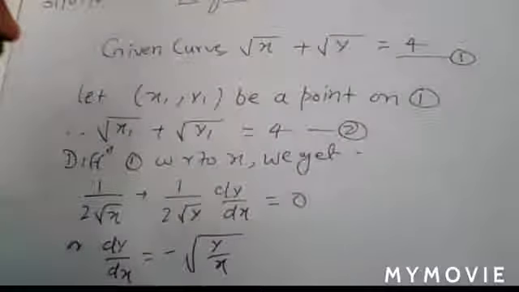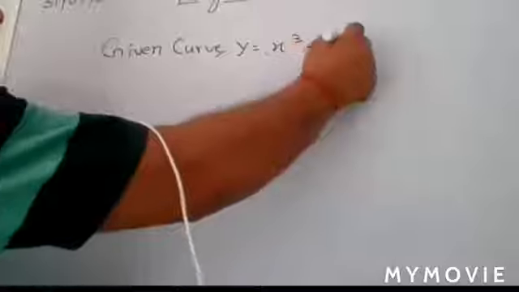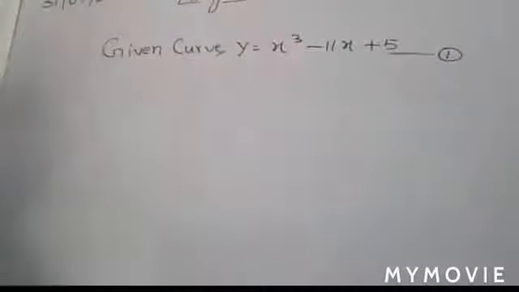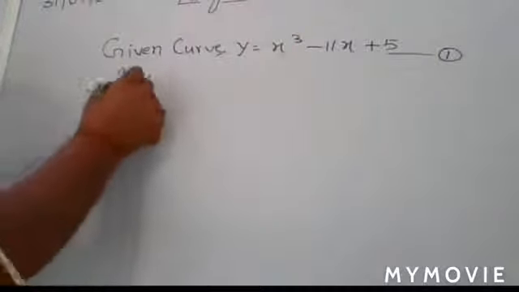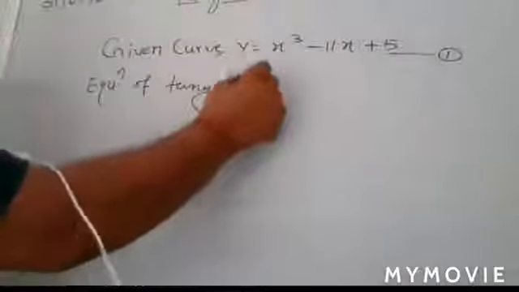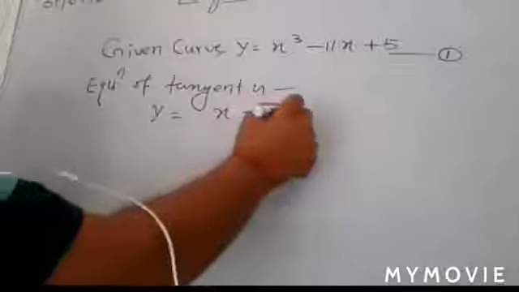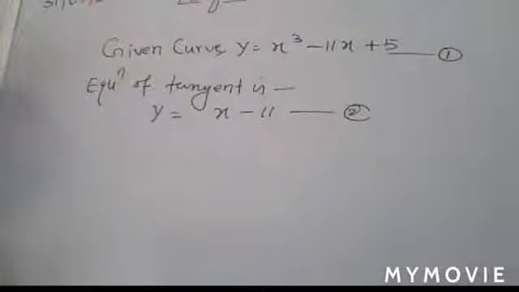Find the point on the curve y is equal to x cube minus 11x plus 5 at which the equation of tangent is y is equal to x minus 11.